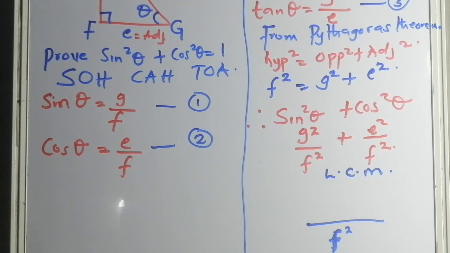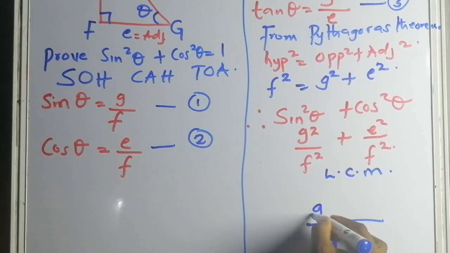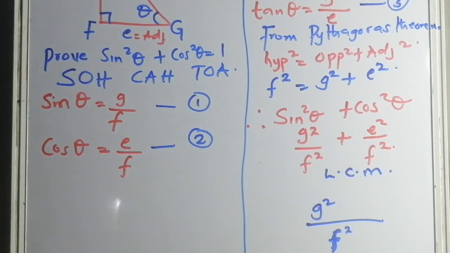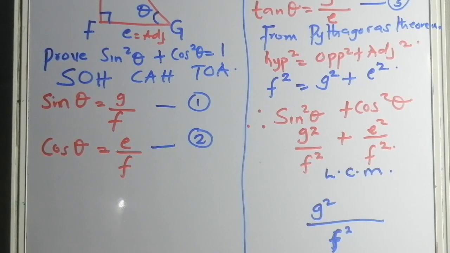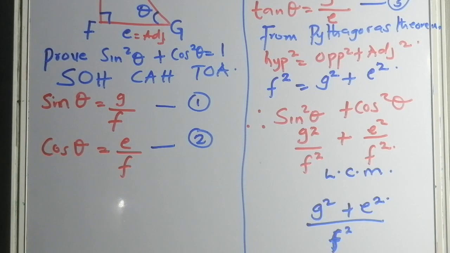F square. Then I take my numerator: f square divided by f square is 1, and 1 times g square is g square. The same thing applies here: f square divided by f square is 1, and 1 times e square is e square. So very simple, I find the LCM here.